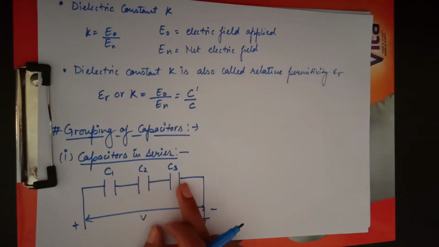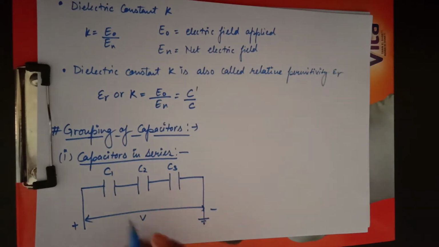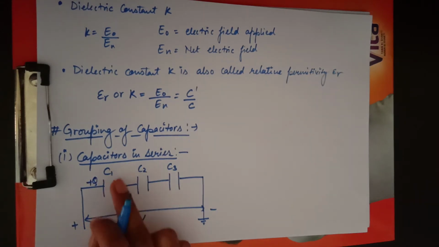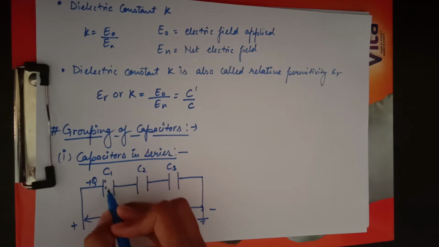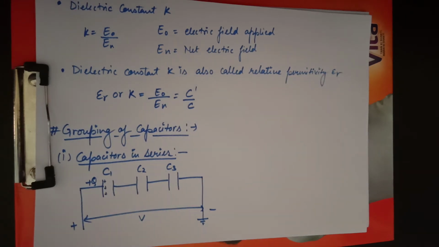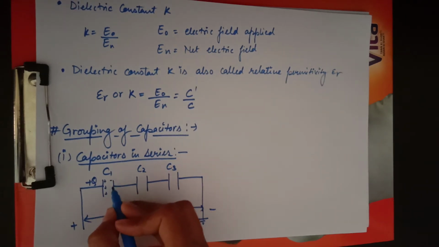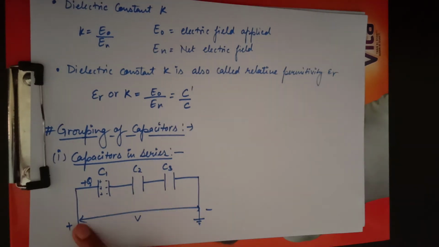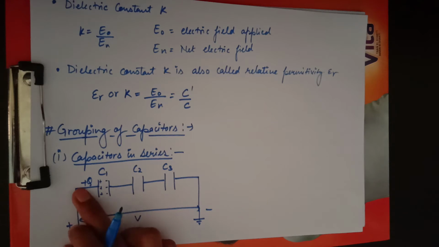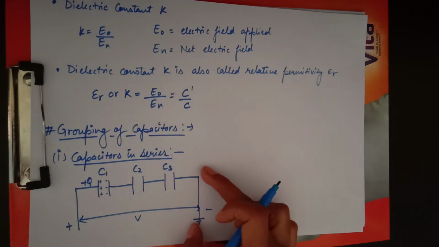In this combination, let plus Q unit of charge be given to the C1 capacitor. If I give plus Q unit of charge to the left plate of C1, the charge gets distributed over it, and by induction the other plate gets negatively charged. As you can see, this is at high potential and this is at low potential.